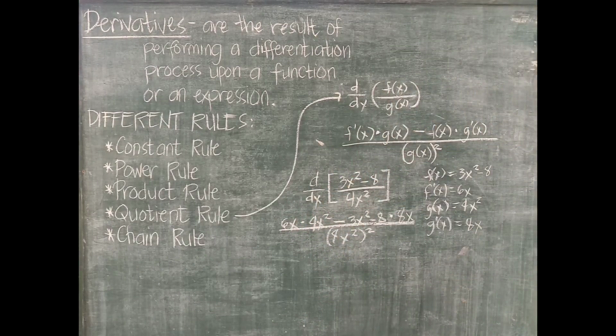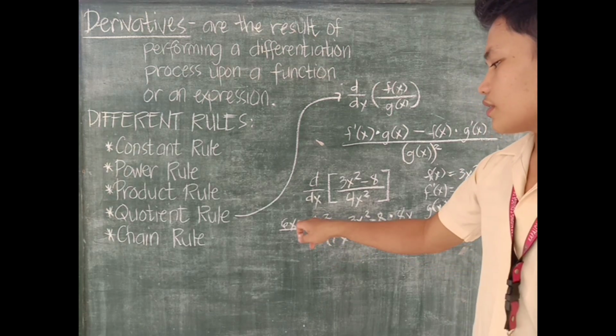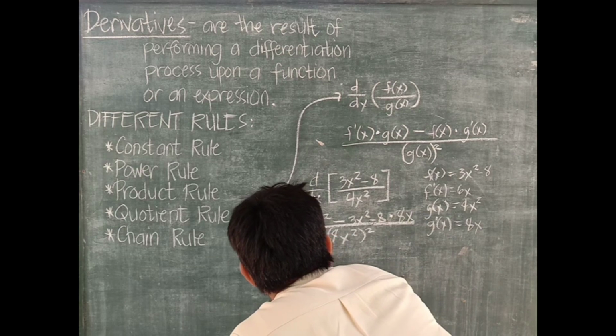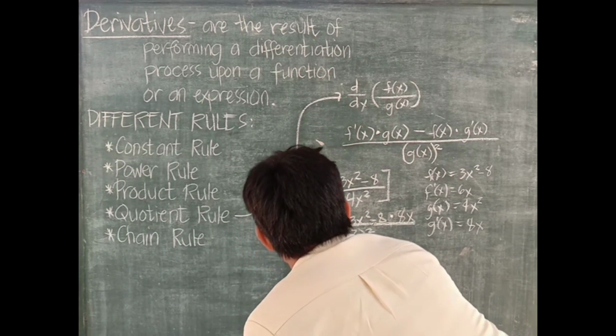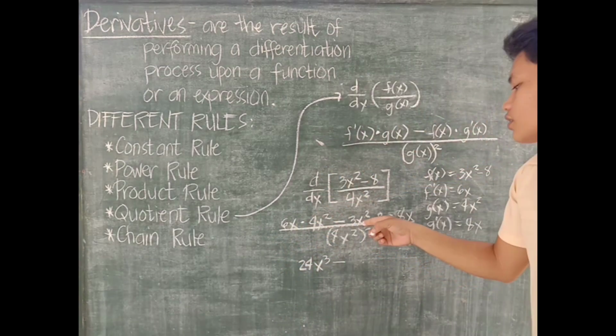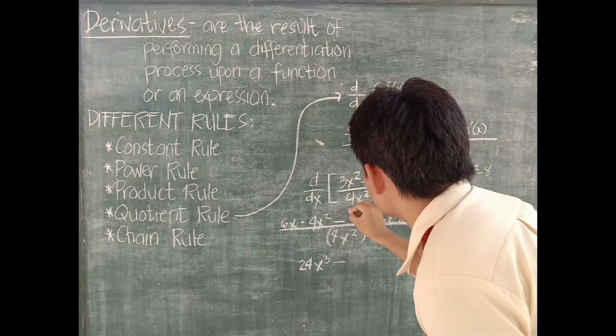Okay, let's do the process. 6x times 4x squared: 6 times 4 is equal to 24, 24x to the 2 plus 1 is 3, minus 3x squared times 8x. So let's put this one.